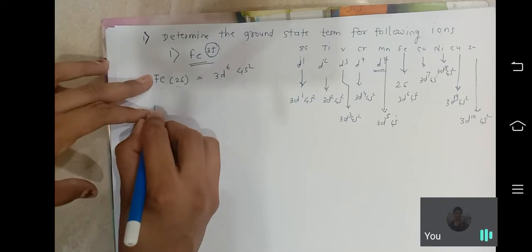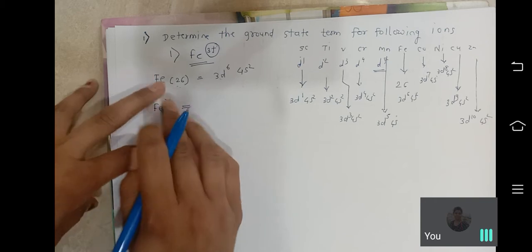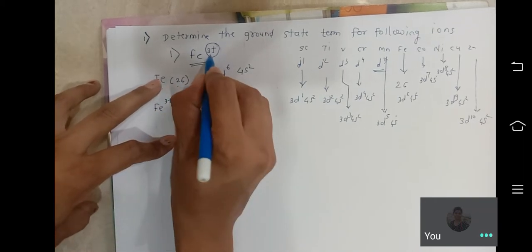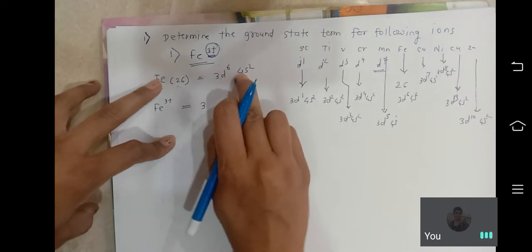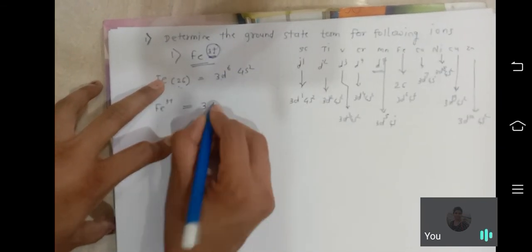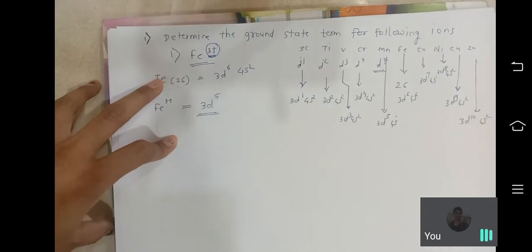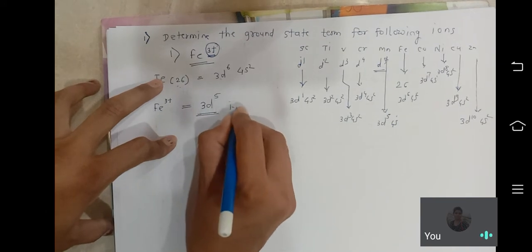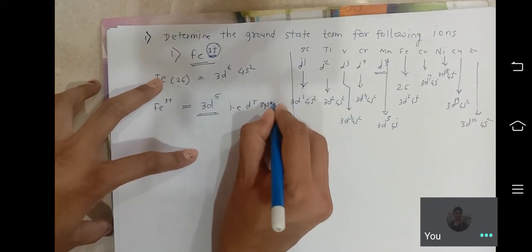Okay, so for Fe3+, how many electrons are removed? 3, because here a positive 3 charge is there. So 2 electrons come from the s orbital and 1 from the d orbital, that means 3d5. Okay, 3d5 is the system, that means d5 system is present.